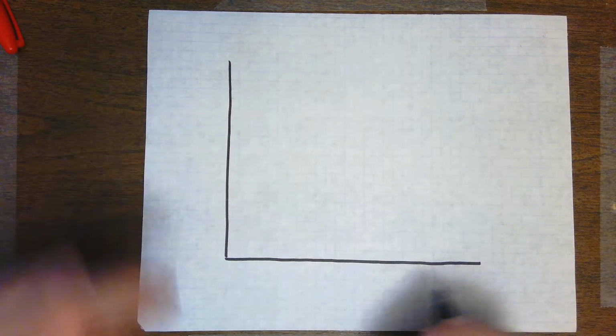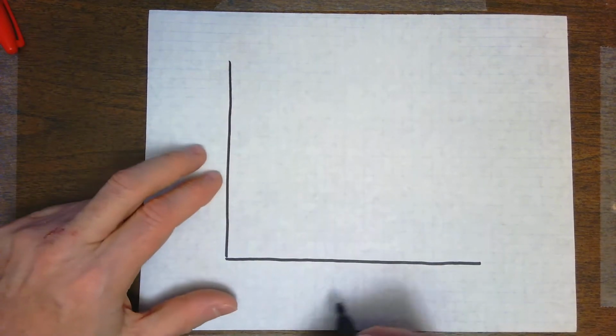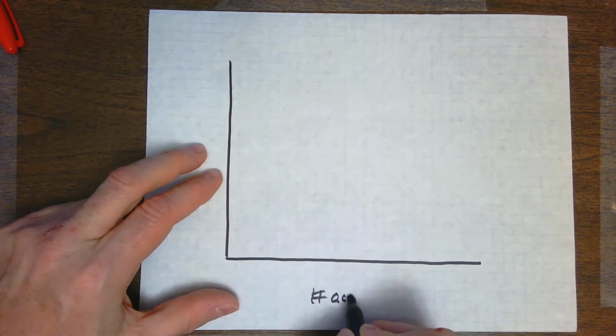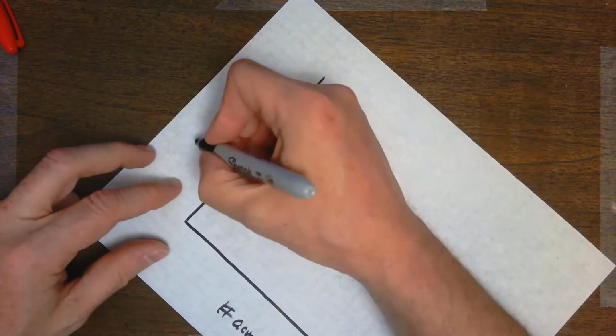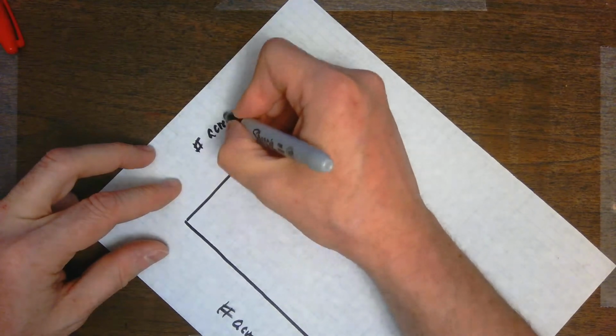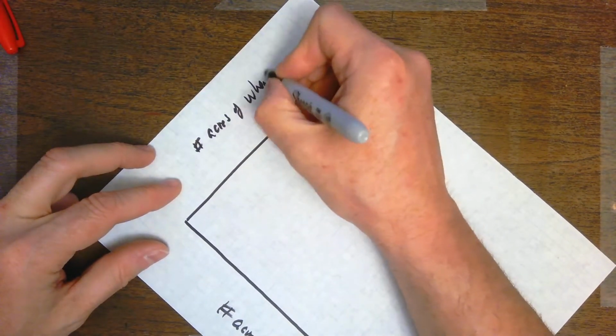First quadrant only graph. The x-axis represents the number of acres of soybean. The y-axis represents the number of acres of wheat.